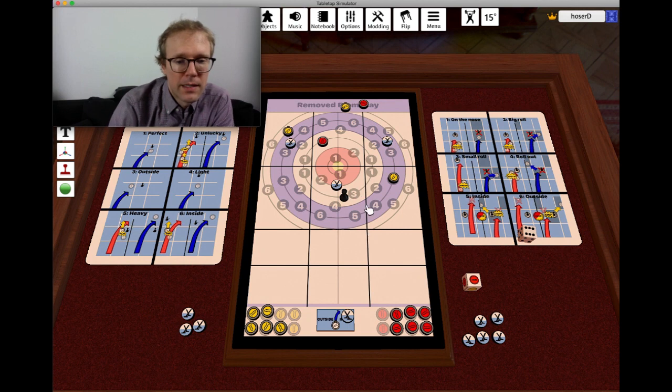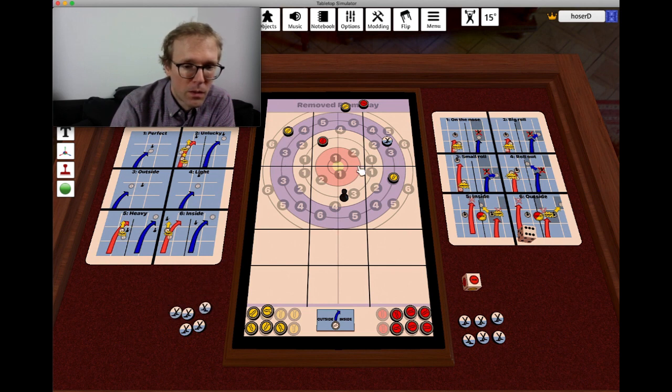Oh, okay, so there are some interactions between what I was talking about with peel weight shots and with freezes. So let's say that red really wants to get rid of this yellow stone.